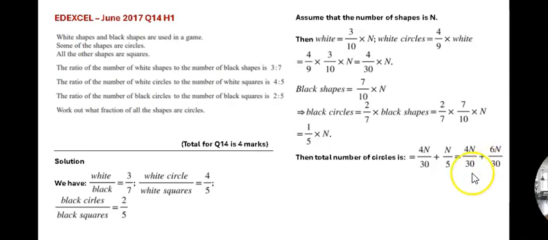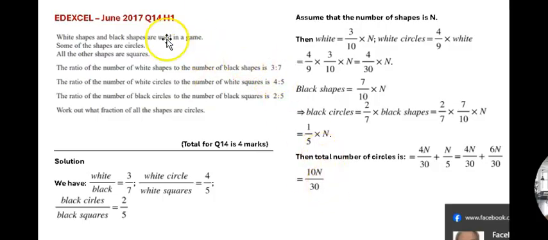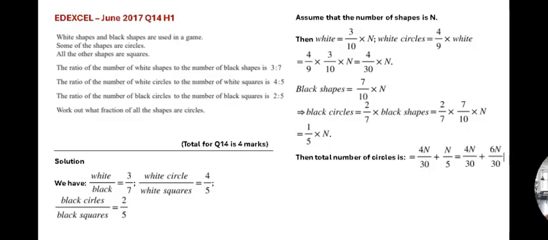And we add them up, and we get, in the end, 10n over 30, which, after we simplify, we get 1 over 3 n. So this is the answer.